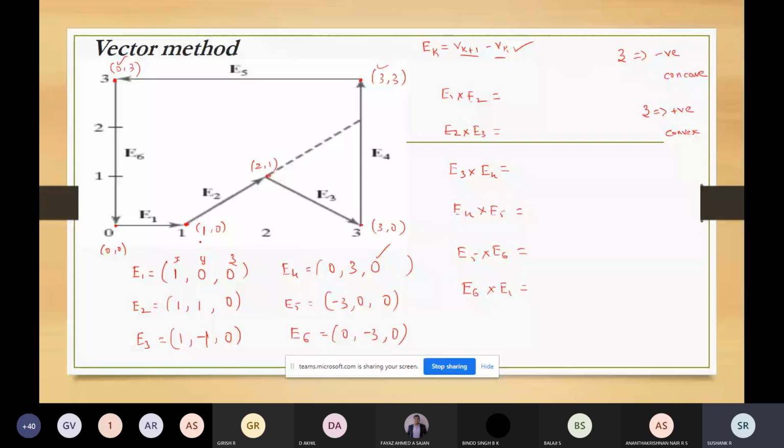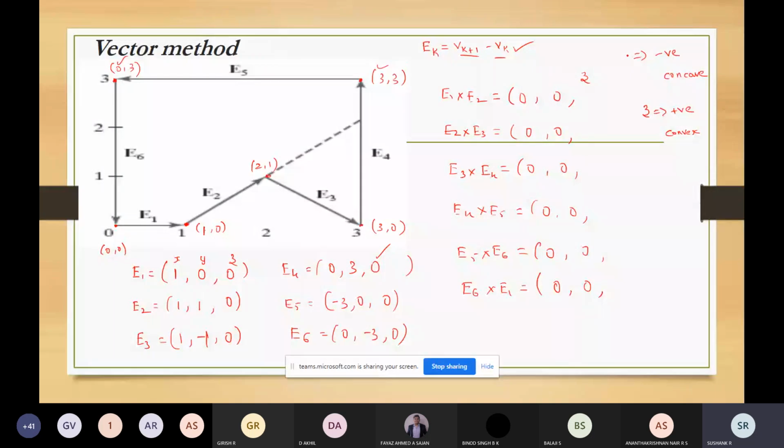So for E1 into E2, it will be 0, 0, 0. Now we need to find the z component of the cross product.